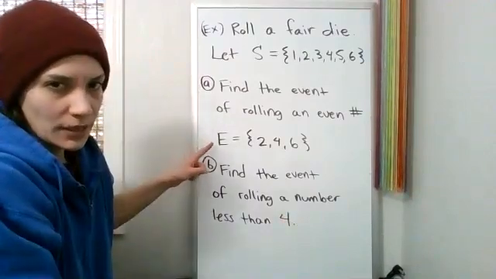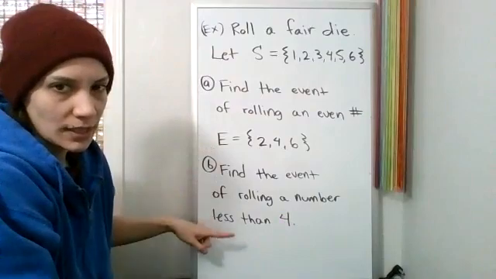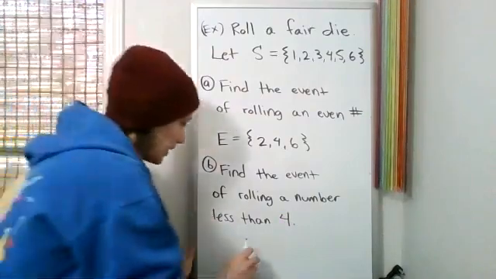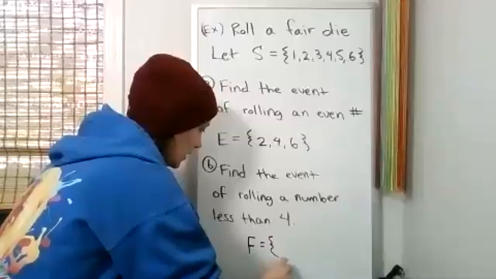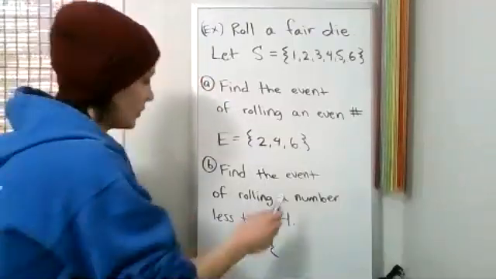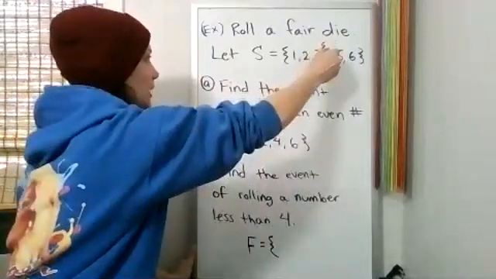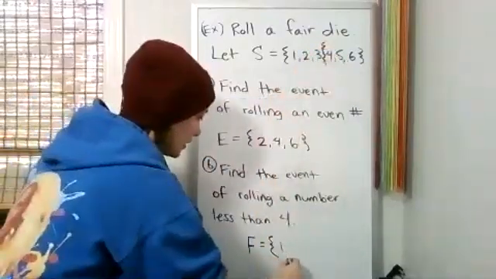I've already used capital E, so I'm going to change it up and call this capital F, and capital F is the event that contains numbers less than 4. So I can't use 4. I can put in 1, 2, and 3.